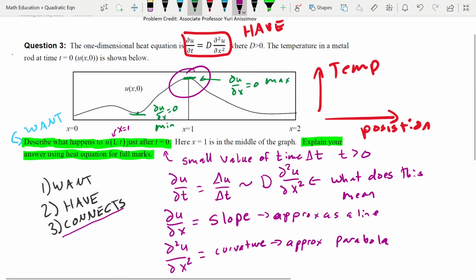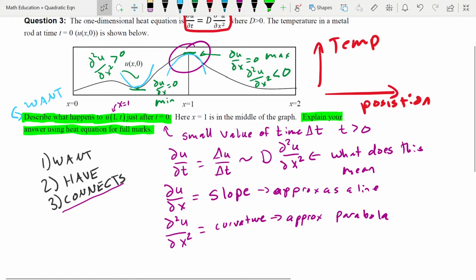In particular, this has a second derivative which is less than 0, as opposed to here, which has a second derivative which is greater than 0. If you think about modeling this as a parabola or this as a parabola, this is going to have a negative coefficient on that x squared term, and this is going to have a positive coefficient on the x squared term.